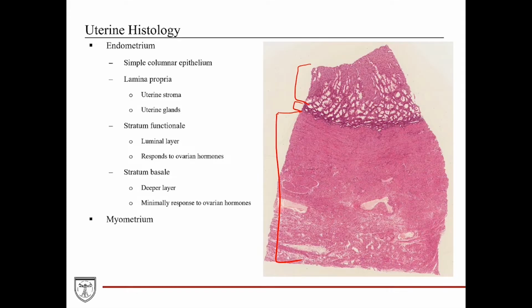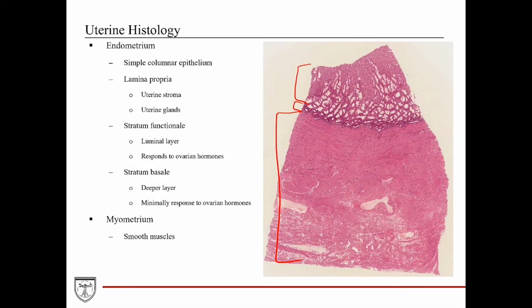So this is a thick layer of smooth muscles that are arranged in multiple directions. So during pregnancy, this layer of smooth muscles not only undergoes hyperplasia but also hypertrophy in order to support the rapidly growing embryo and the fetus and to generate a sufficient contractile force during labor.